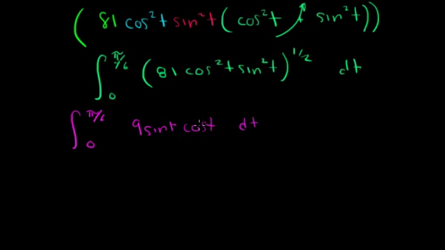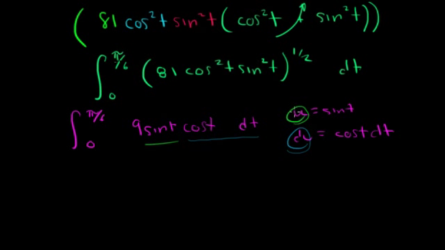And now this is a u substitution. Let u equal sine of t, and when we let u equal sine of t, that means the derivative, du, is cosine of t dt. This is why I put it here: we have the du term right here, and then we have the u term right here.